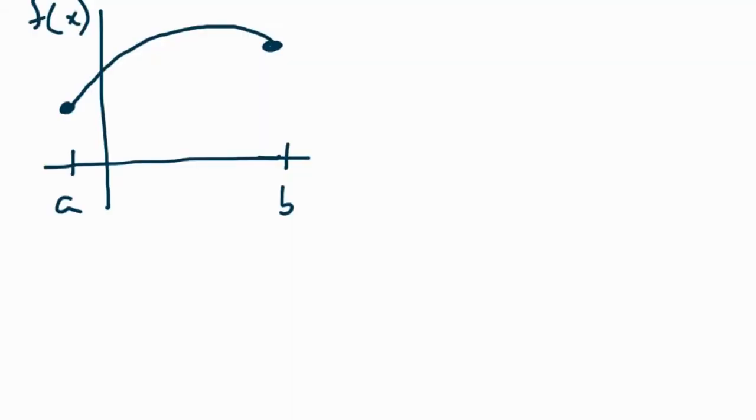Now, pretend with me that we have a curve. We're trying to find its length from A to B, and we zoom in on a small arc along this curve. Now, I'm going to draw the arc a little bit larger than technically it would be, because technically it would be infinitely small.